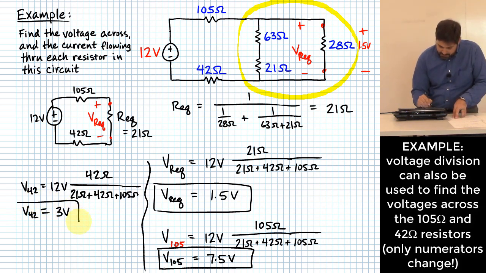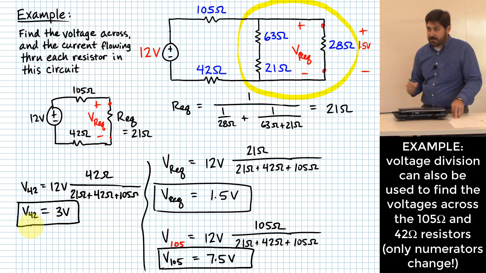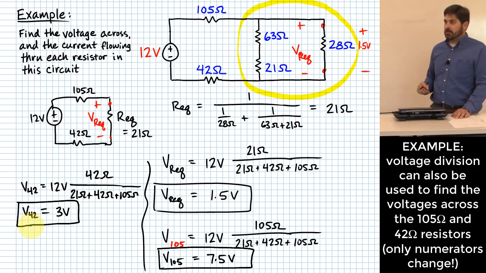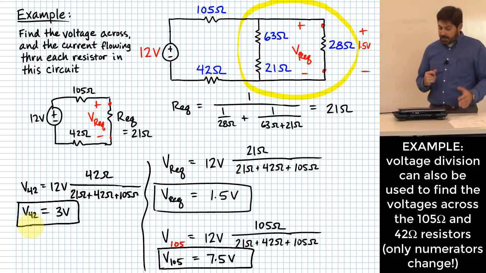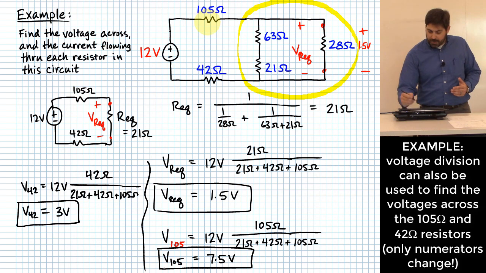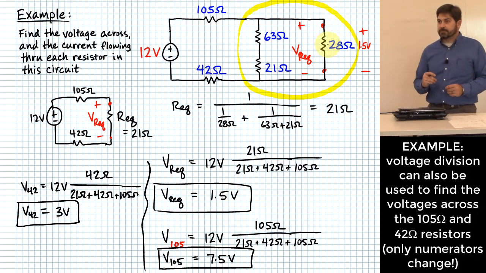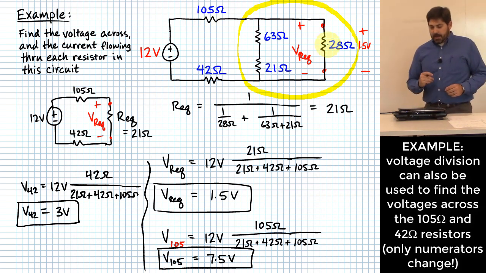But you might have been able to see the pattern of the math and figure that out quicker. Why is that? 42 is double 21. It would make sense the voltage across it would be double what it was for the 21. Okay, so we basically got the voltages across the 105, the 28, and the 42. Okay, that sounds pretty good.